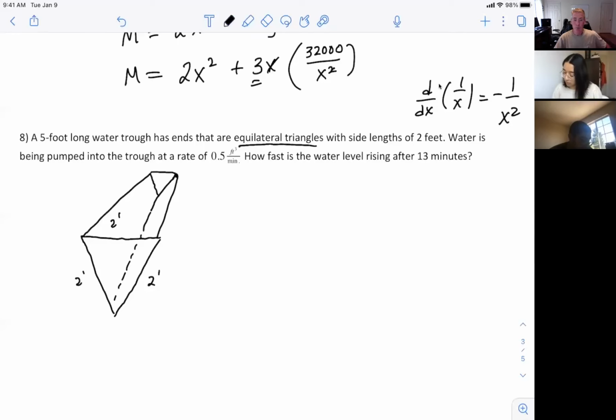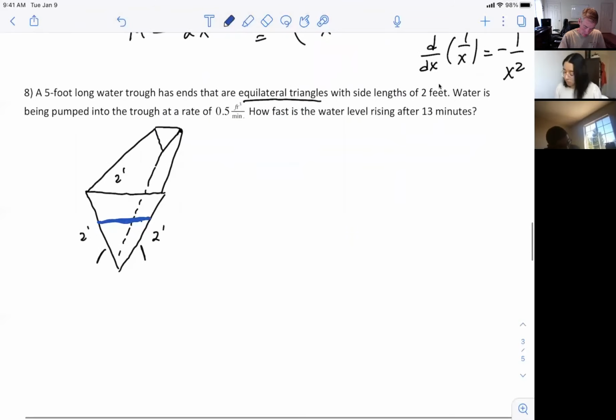And then you could fill it up with water and horses could drink out of it, or cows or goats or something like that. And of course, it would have to have some type of stand so that it doesn't flop over. So as the water level is rising, at some point, the water is going to be up to like right here. And I don't know what the height that is because it's actually changing.